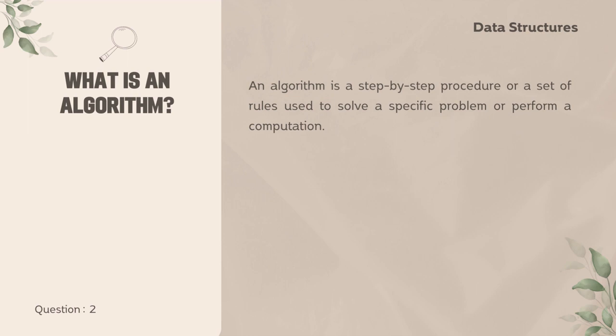Algorithms are deterministic, meaning they produce the same output for a given set of inputs every time they are executed. Feasibility. Algorithms describe a feasible method of solving the problem, meaning that they can be practically implemented using available resources. Most importantly, it must be generic. Algorithms should be designed in a way that they can be applied to a broad range of instances of the same problem.